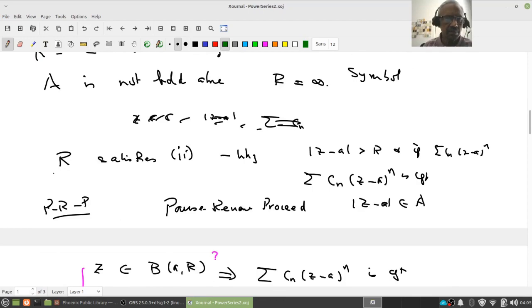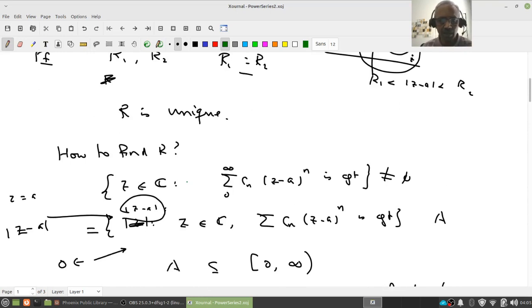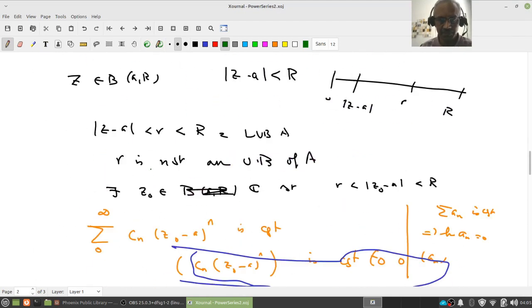The main point was to prove R satisfies condition 1, but what did we actually prove? We proved that if little r is less than capital R, then on the smaller disk B(a, r) the power series is uniformly convergent.